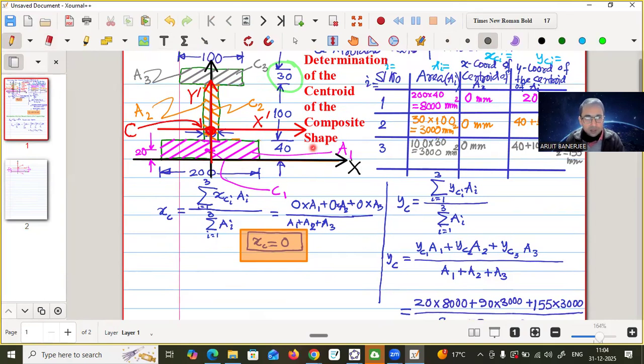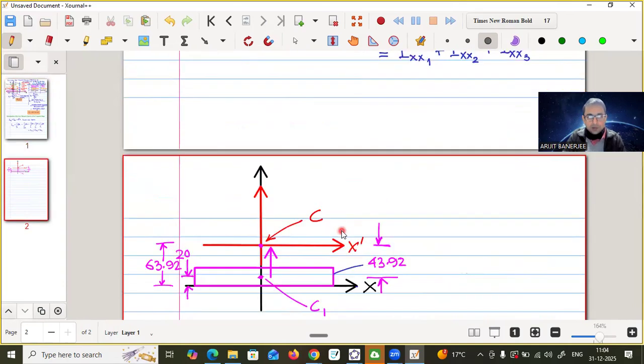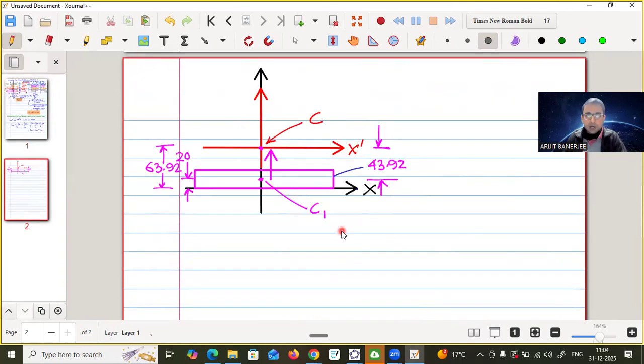This is the centroid of the complete object, and C1, C2, C3 are the centroids of the individual shapes. So first, if you understand this part, then it will be easy to follow for all other shapes. C1 is here and C is here.